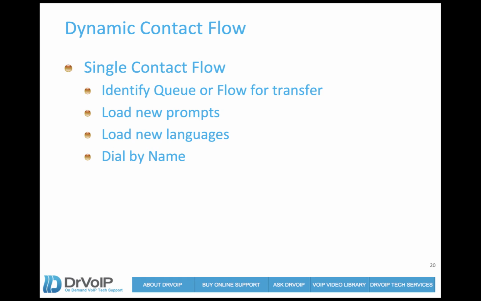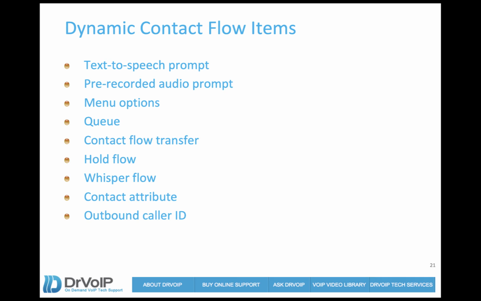It's just when I did my database dip, I pulled back the Spanish prompts rather than the English prompts. Very useful in applications, for example, dial by name, where we're going to let someone speak the name of a function like sales, or we're going to speak the name of an individual and then translate that into an extension number or a contact flow ID.